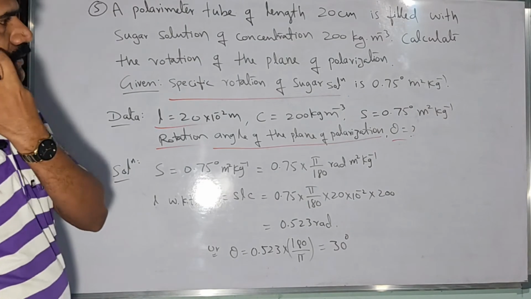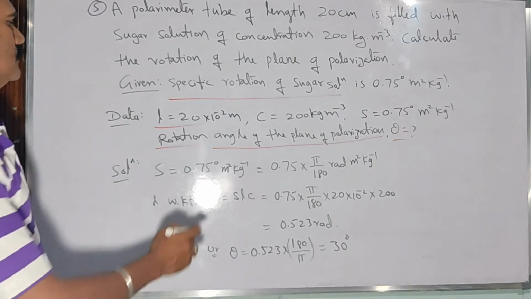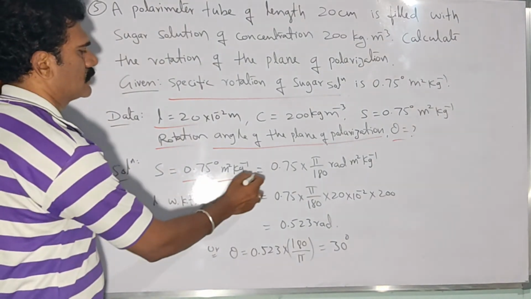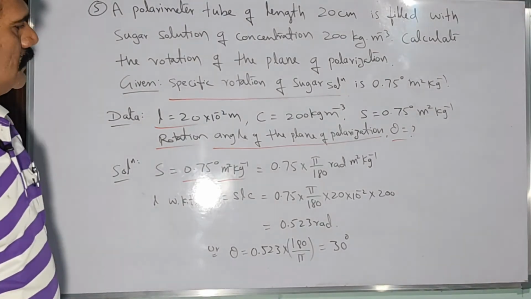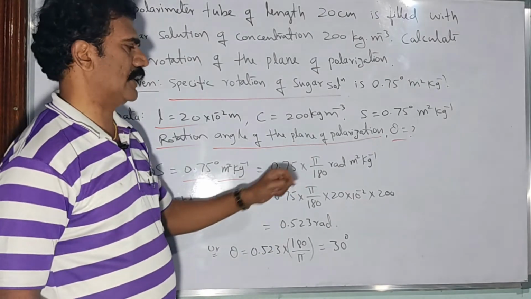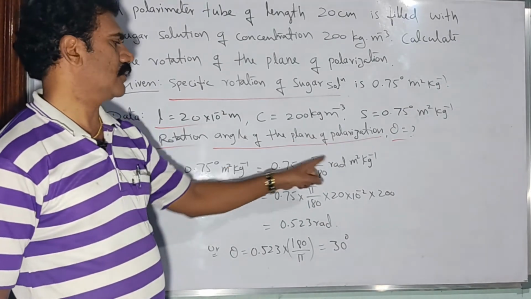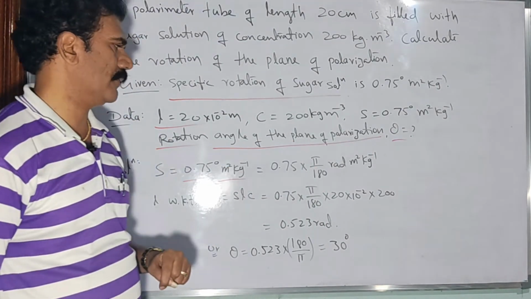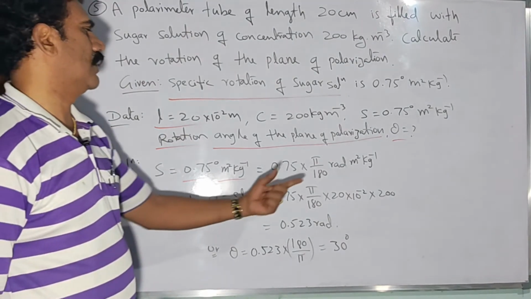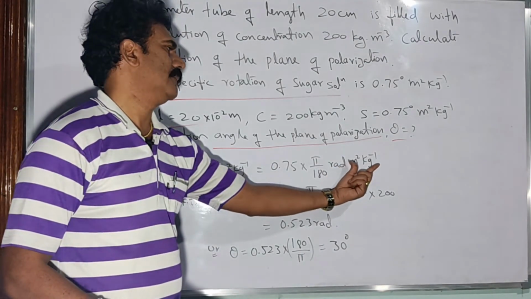It is given as 0.75 degree, so 0.75 degree meter square per kg is multiplied by pi by 180, because for conversion from degrees to radians you multiply by pi by 180. Then you will get some value in terms of radians meter square per kg.